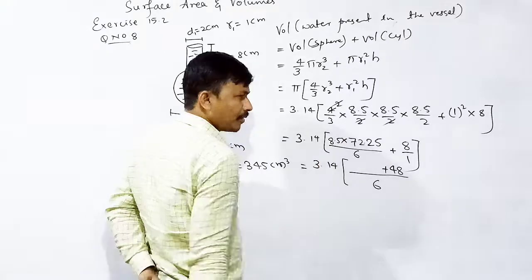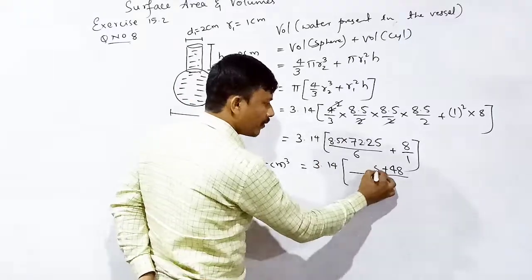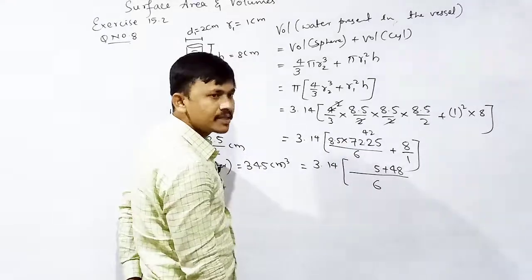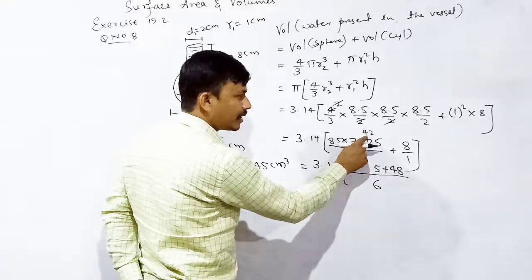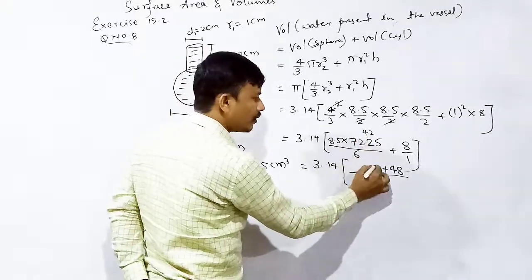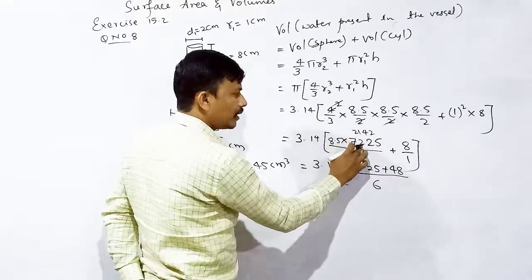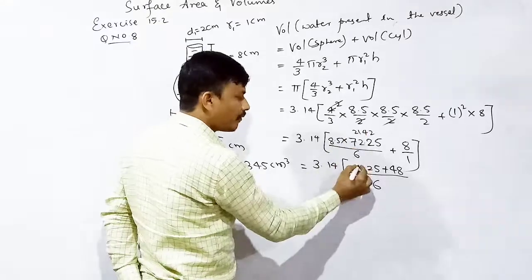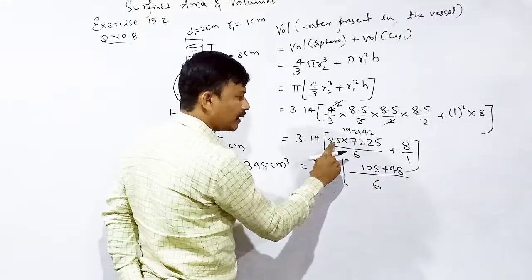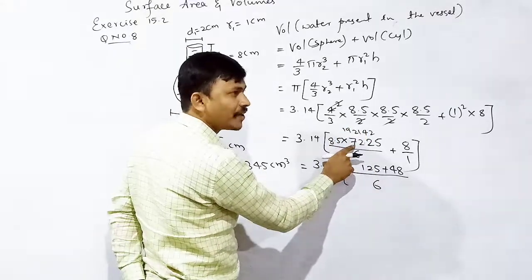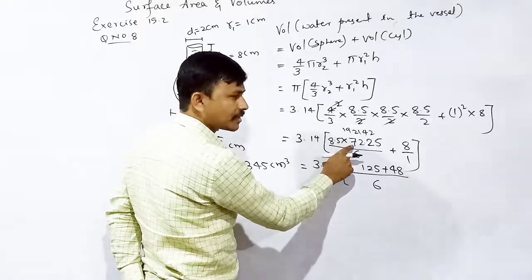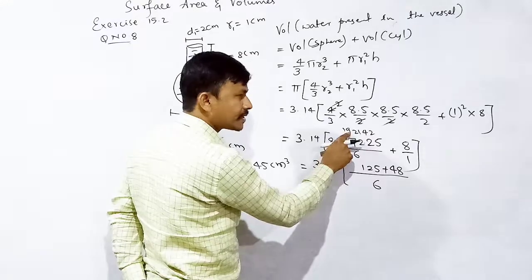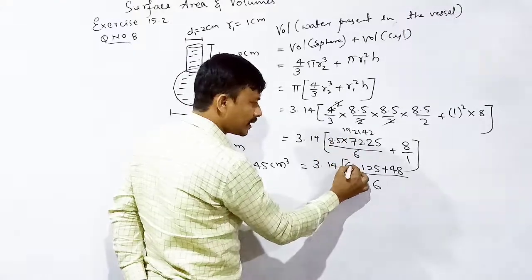85 5s are 425, carry 42. 85 2s are 170, plus 42 is 212. 85 2s are 170, plus 21 is 191. 8 7s are 56, 560. 5 7s are 35, 595. Then adding: 595, 605, 614.